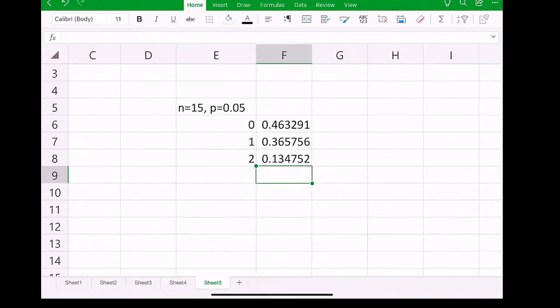All right. So what this is doing, this is not cumulative, it's going one at a time.